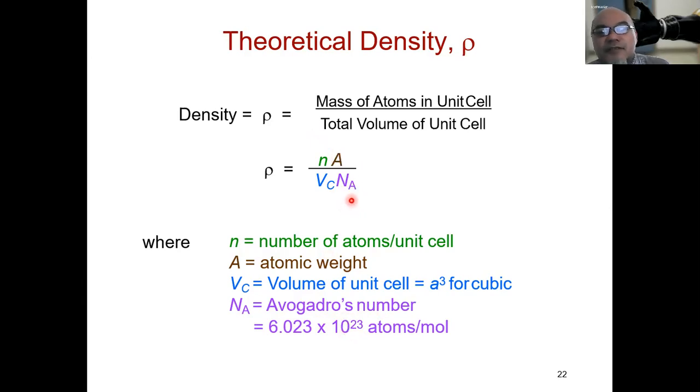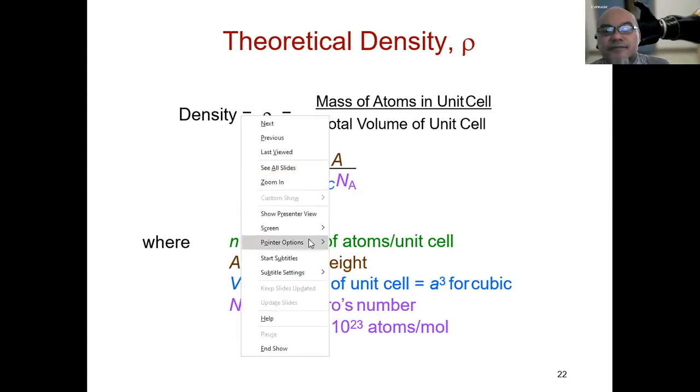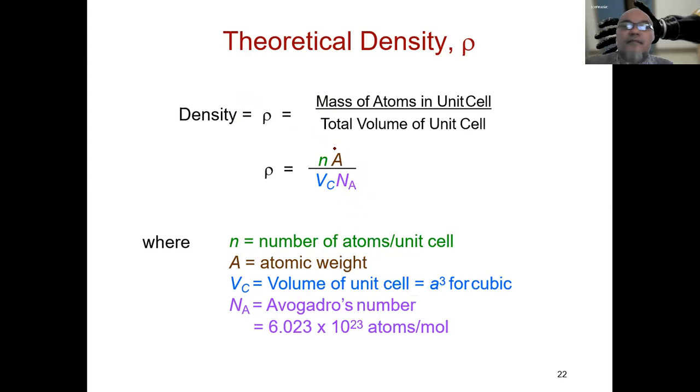The Avogadro number is basically the atoms per mole. So from dimensional analysis, N is dimensionless, so A is basically in units of atoms, then divided by atoms per mole.